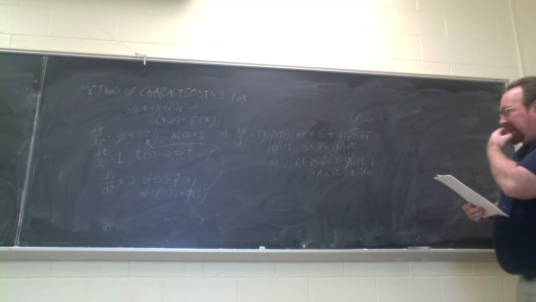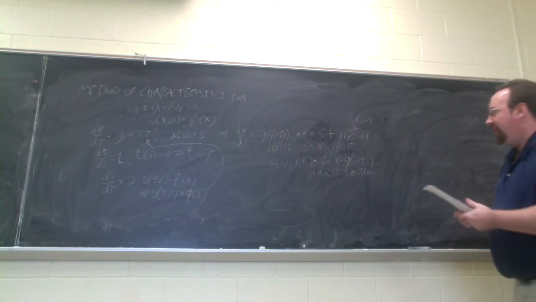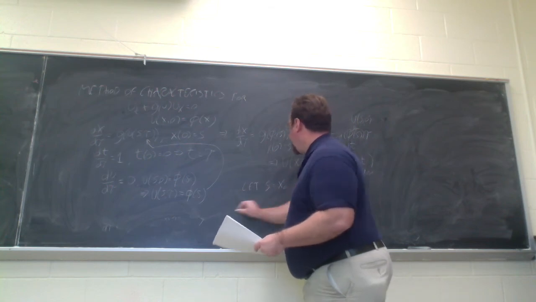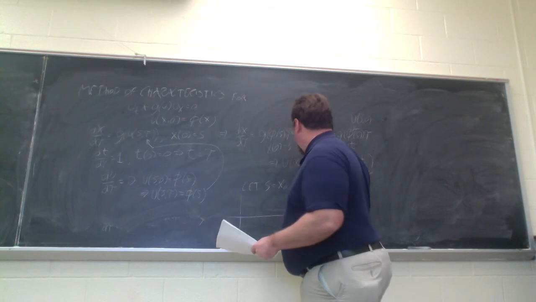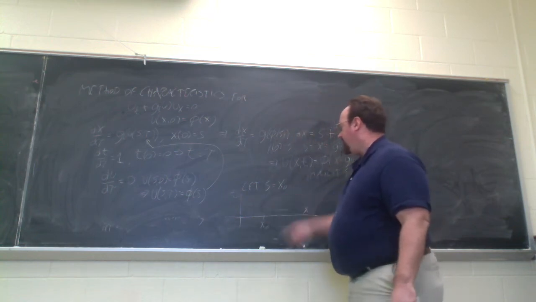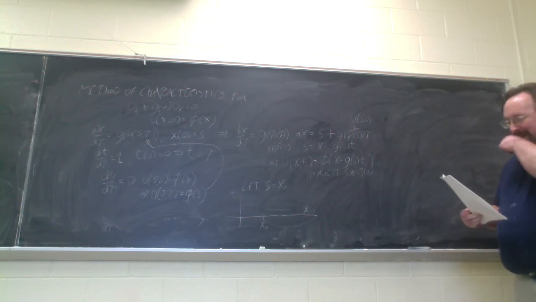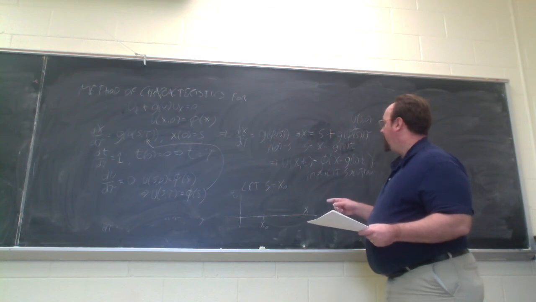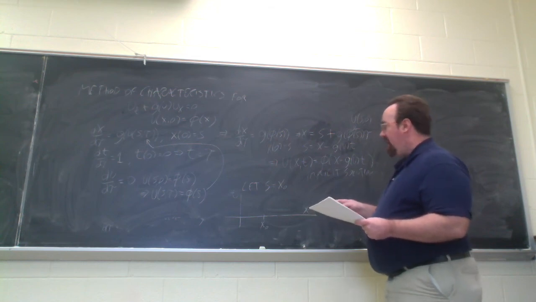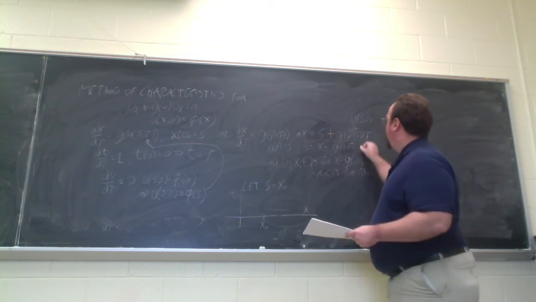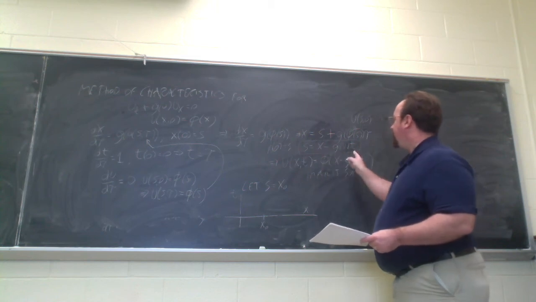Now, what I can do is, if I let s equal x naught, I have my initial curve, which is just the x-axis, and a certain characteristic curve beginning at x naught. So I can use this equation and solve it for t.